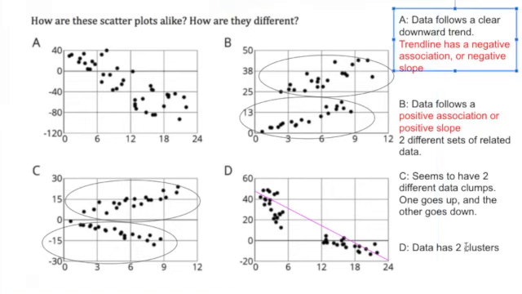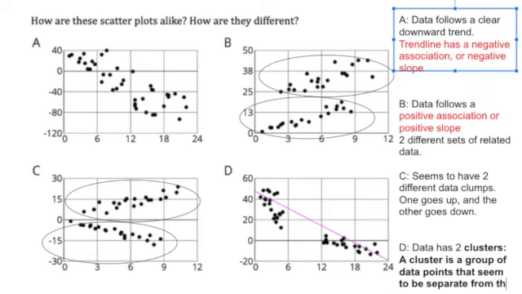So we actually have a vocab word called clusters, and a cluster is basically a group of data points that seem to be separate from the rest of the data.